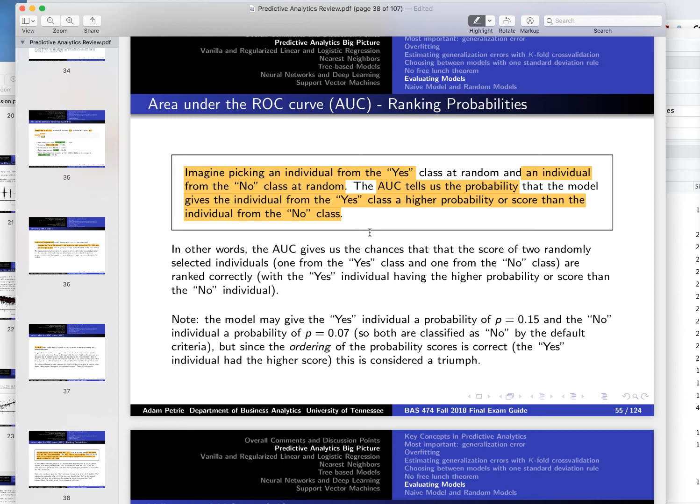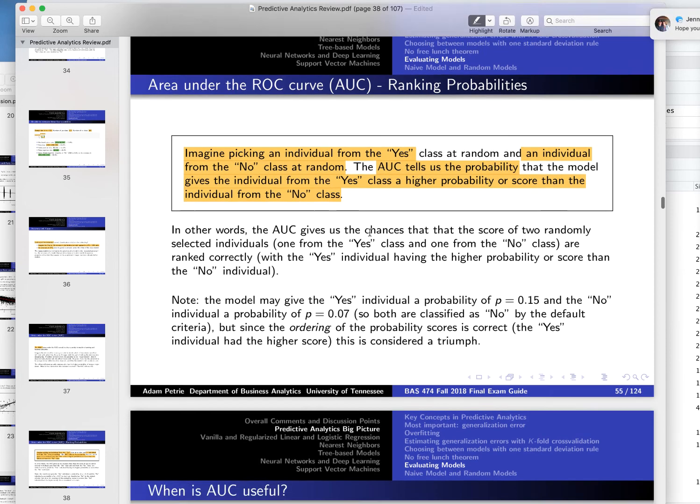You don't want to be throwing money away by offering special offers to the people in the no class if they ended up getting higher probabilities of churning than the actual churners in the data. So it's a long-winded interpretation, but very often exactly where we want to be in business analytics. We want a list of the 500 customers most likely to churn, most likely to donate, etc. And that AUC is what we'll be focusing in on.